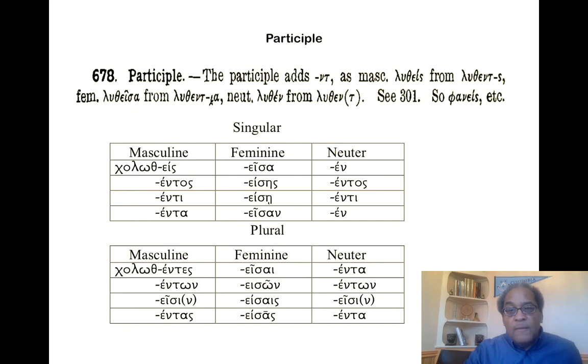But then in the feminine, the nu-tau disappears, and you just end up with -eisa, -eisēs, -eisē, -eisan, -eisai, -eisōn, -eisais, -eisas, pretty much looking like a first declension noun.